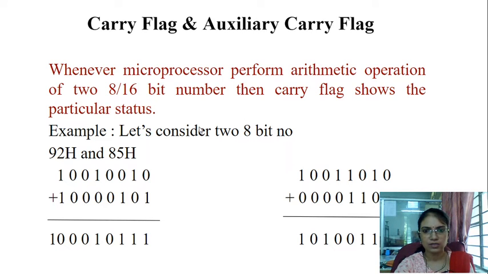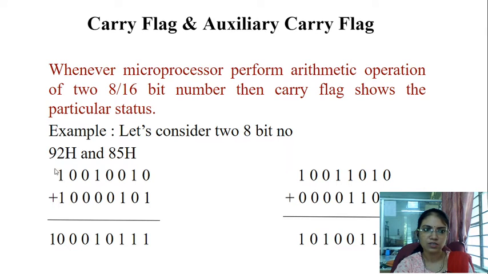Suppose we consider an example of two 8-bit numbers, 92H and 85H, and I want to perform the addition of these two 8-bit numbers. The arithmetic operation may be either addition or subtraction. The first step is converting the numbers into binary form.